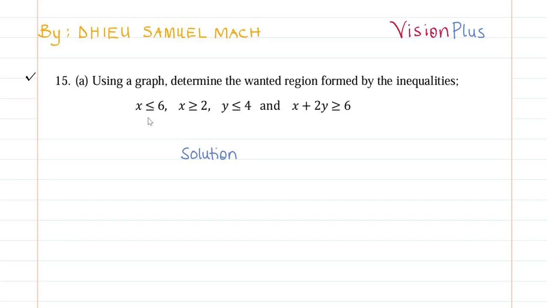The inequalities are x is less than or equal to 6, x is more than or equal to 2, y is less than or equal to 4, and x plus 2y is more than or equal to 6. So we are given 4 inequalities, and we need to draw a graph, and then show the wanted region that is satisfied by the given inequalities.